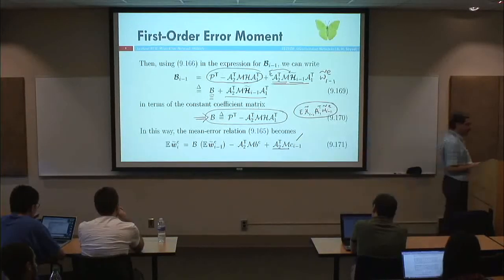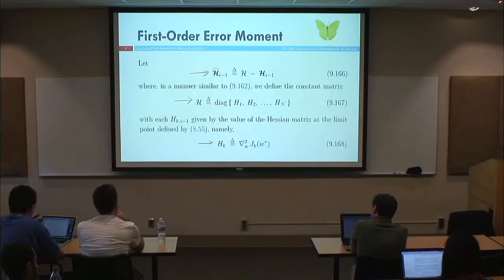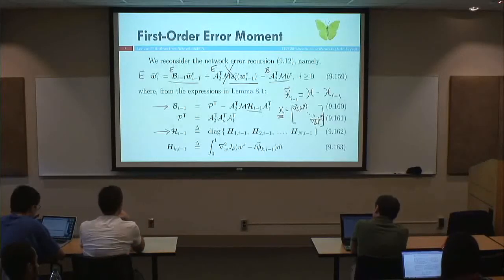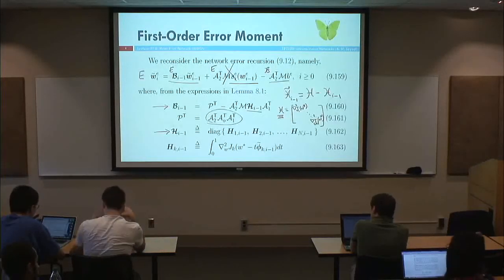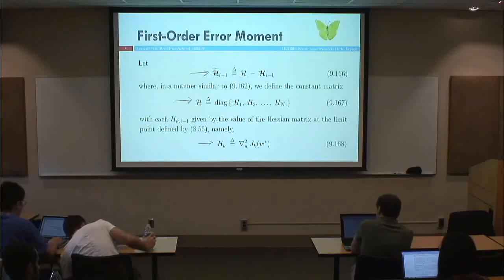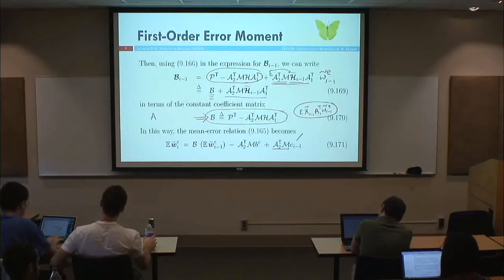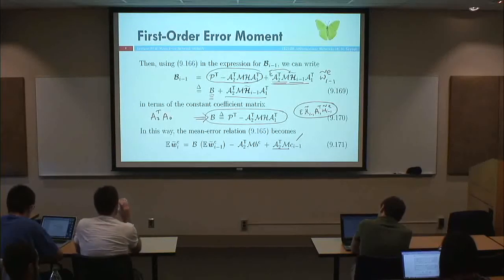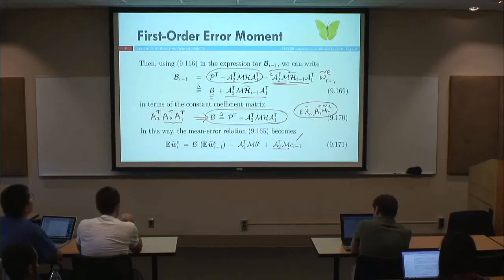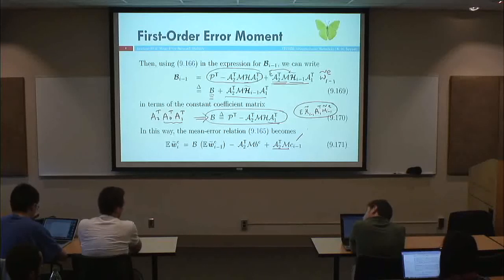Just so that you see here. Okay, here it is: P is A2 transpose A0 A1. Let's take the case when these two are identity. So this is ATC, adapt and combine. So this B will become A transpose times I minus MH, correct?